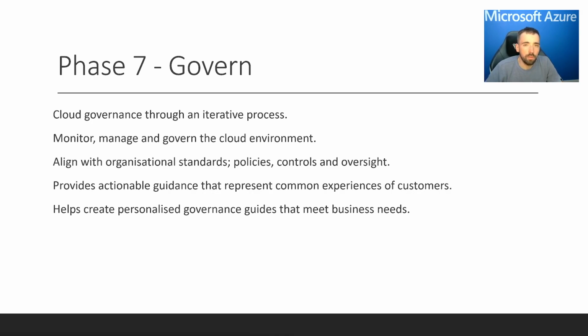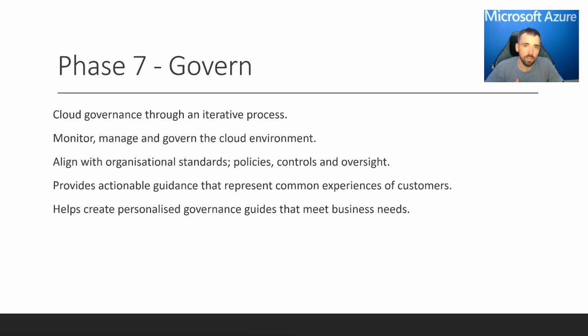And finally, we've got phase 7, which is the govern phase. And this is cloud governance through an iterative process, another ongoing phase that we do address as part of the ready phase. So going back to that diagram, the architecture diagram during the ready phase, there's policy assignments to that management group structure that we looked at in the subscriptions.